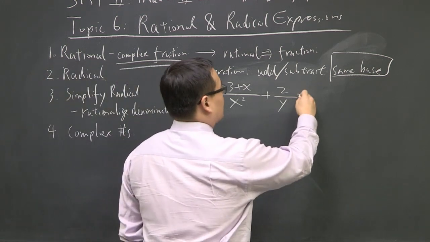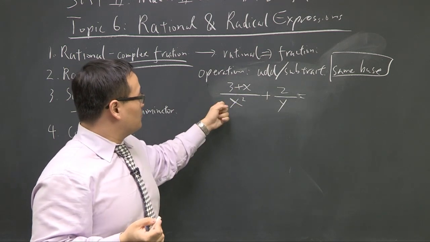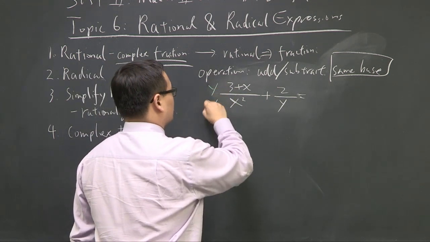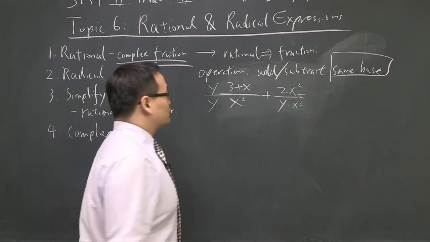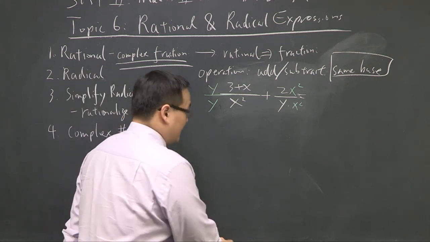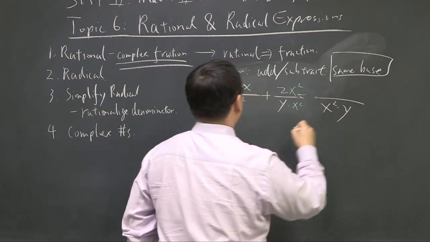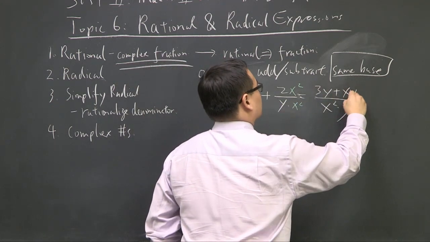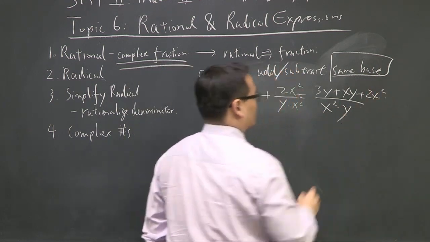I have x squared here and y there, so I multiply this one by y and this one by x squared. Now I have the same base. What I end up getting is x squared times y in the denominator, 3y plus xy, plus 2x squared in the numerator.